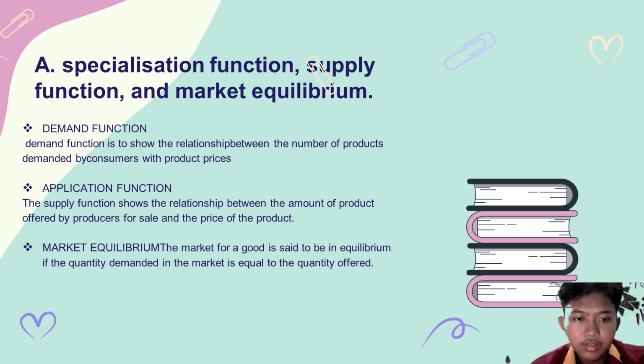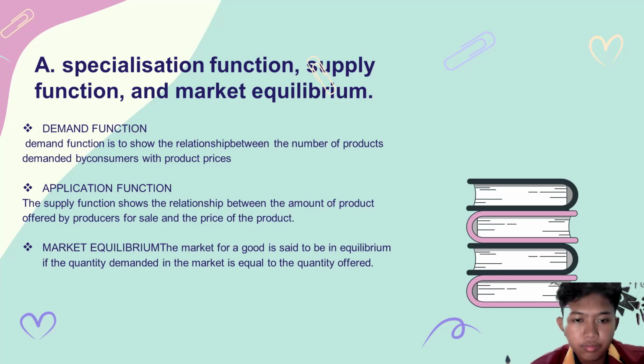The supply function shows the relationship between the amount of product offered by producers for sale and the price of the product.